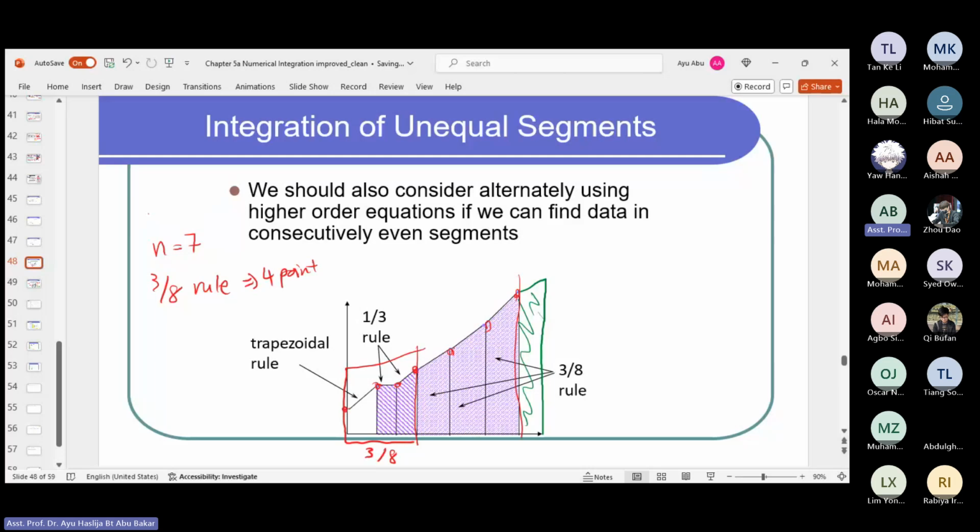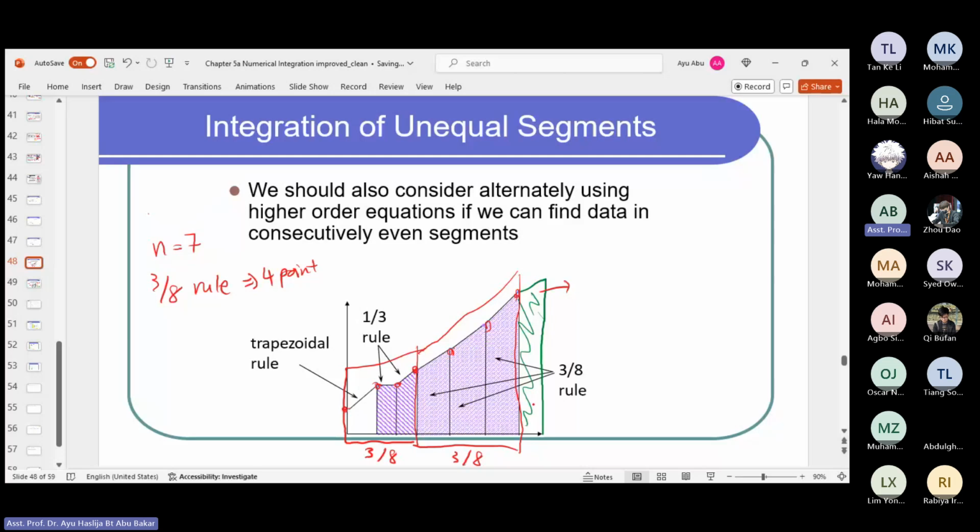Now this part you can use 3/8. But if you just decide to use 3/8, you will leave out one segment over here, not calculated, not integrated, so it won't work. So we cannot use only 3/8 rules. In this case, you can also add it with trapezoid.